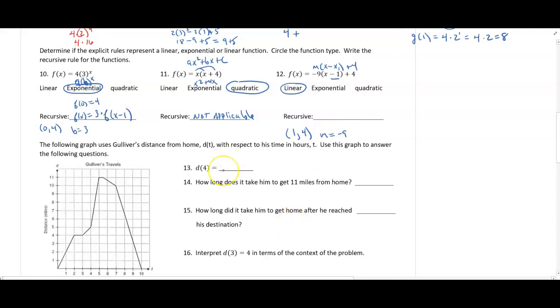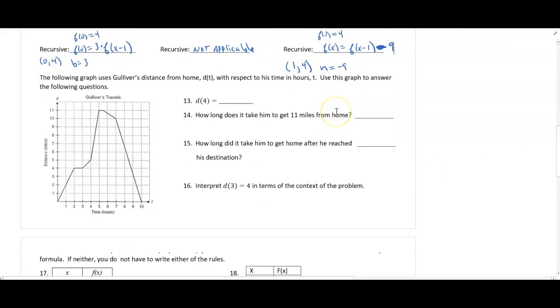And remember, that's also your common difference. So we're going to say f of 1 is equal to 4, then f of x is equal to f of x minus 1, all minus 9.